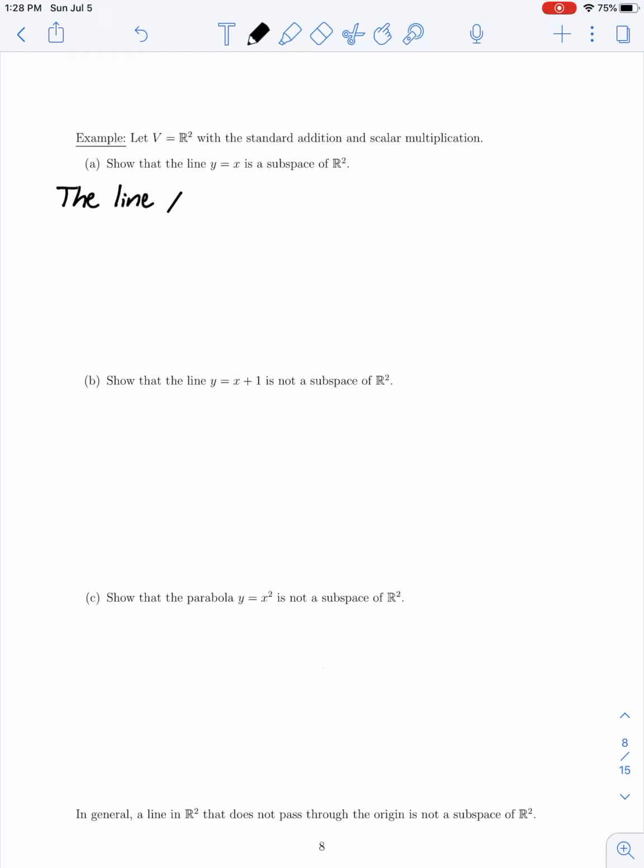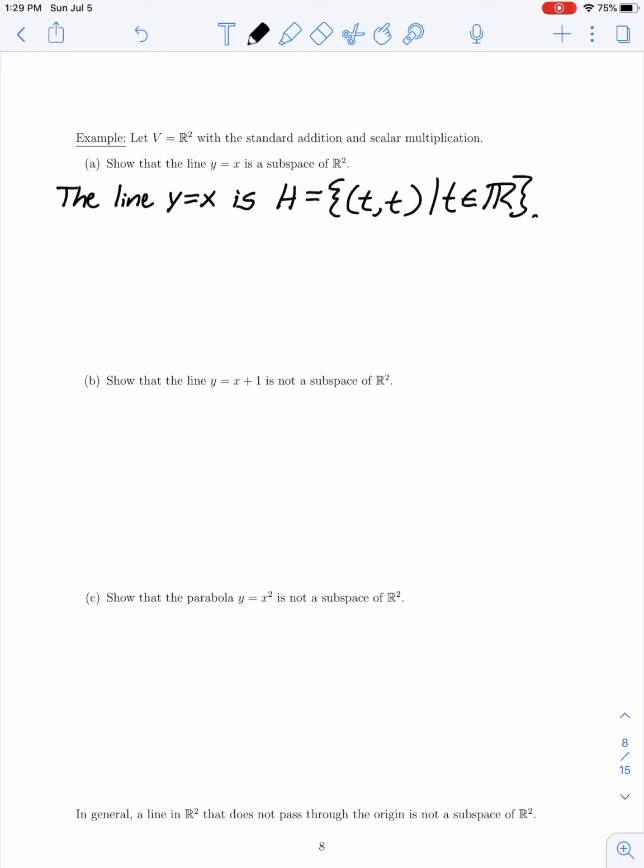So the line y equals x could be thought of as the subset H of the real plane, which consists of vectors in R2, where y and x are equal to each other. So they're points (x, y), where both coordinates are the same real number. So the set of all points of the form (t, t), such that t is any real number.